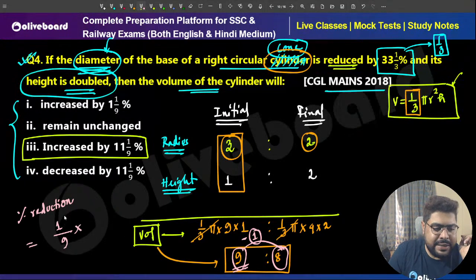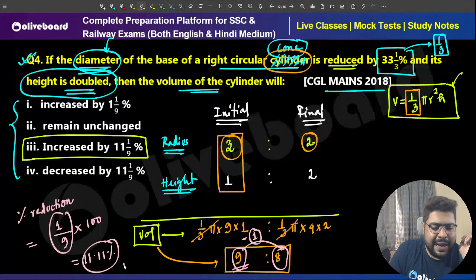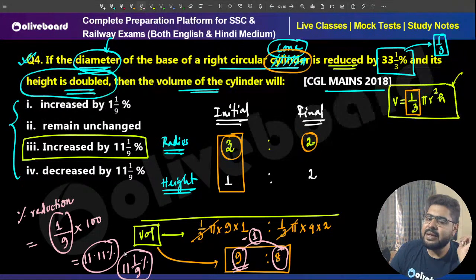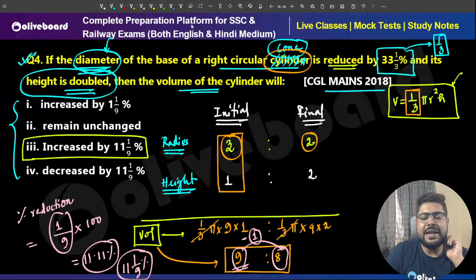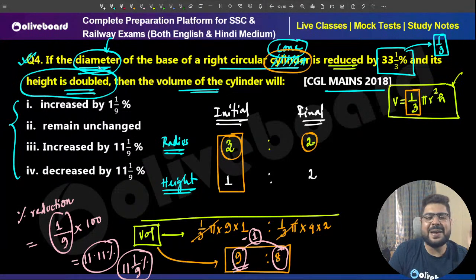This is a fraction. To get to percentage, multiply by 100. 1 by 9, we all know, is 11.11% or 11 whole 1 by 9%. Whatever you want to say. Now, increased or decreased? Harsha, you have done everything correctly, but in the answer you made a very silly mistake.